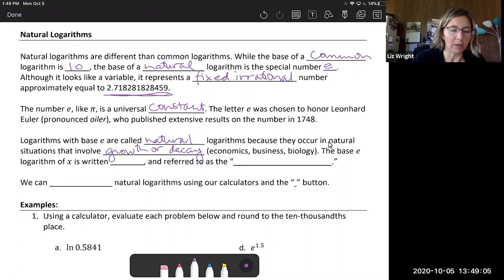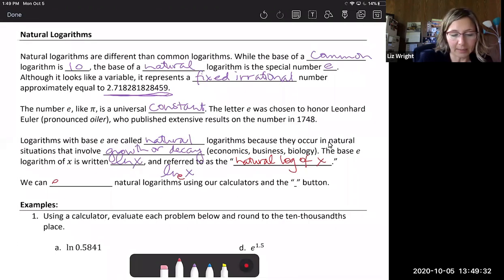So base E logarithm of x is written as ln x. And so if you just see ln x, you automatically know that's a natural log, and the base of that log is E. And it's often referred to as the natural log of x.